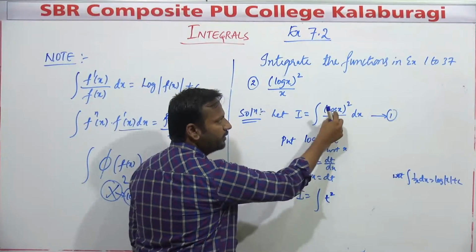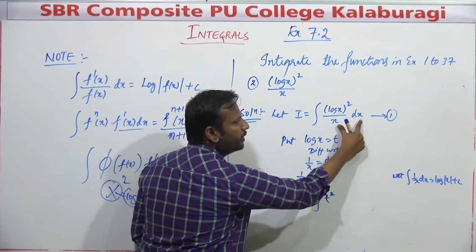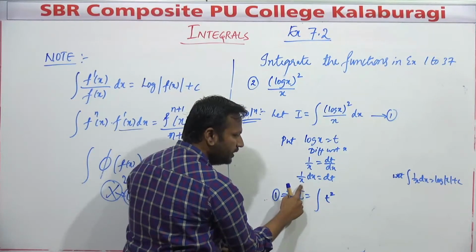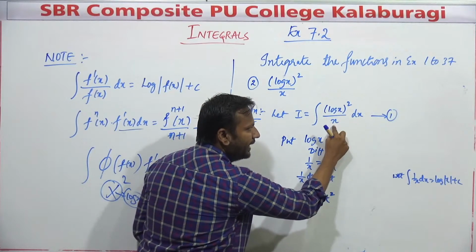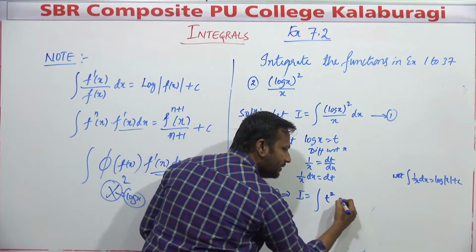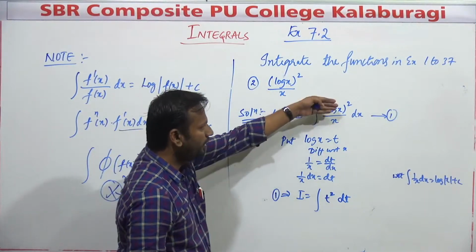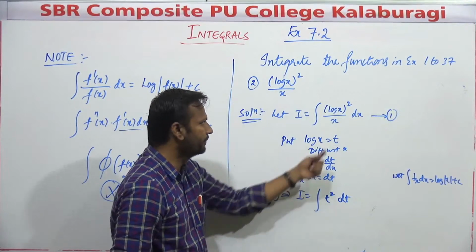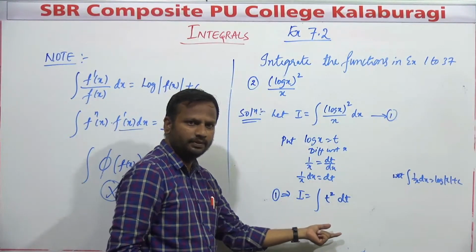Rest all things I have replaced, log x as t, with the square written there. The rest is 1 by x dx, and 1 by x dx I have to replace as dt. Got it, students? So log x whole square will be t square, and the remaining 1 by x dx is dt.